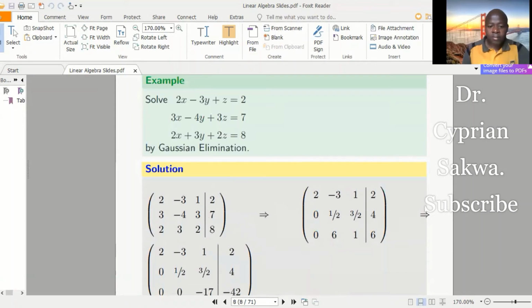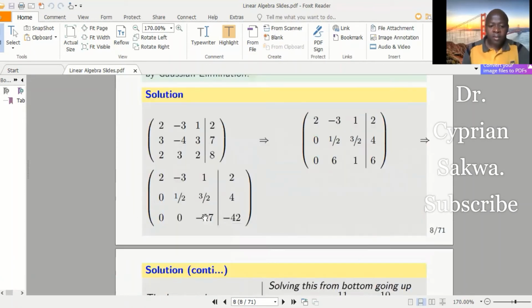Look at this example. In this example, this was our last row, and it was very easy to see that negative 17z equals negative 42. That means the value of z could be obtained very fast, and therefore the other values would also be obtained by back substitution.